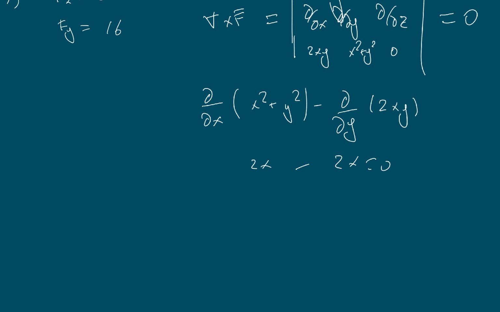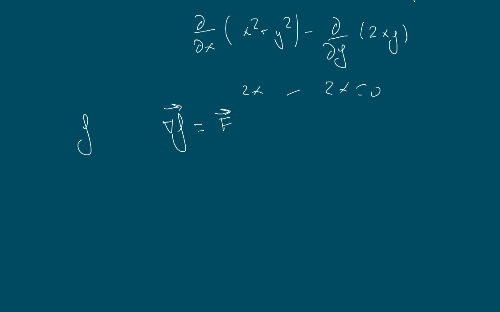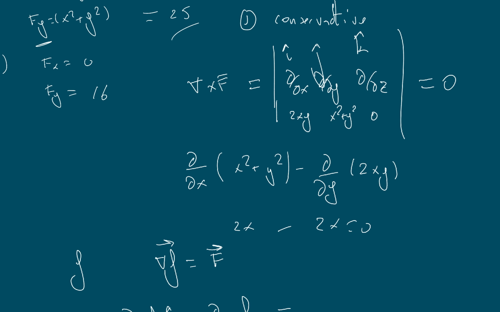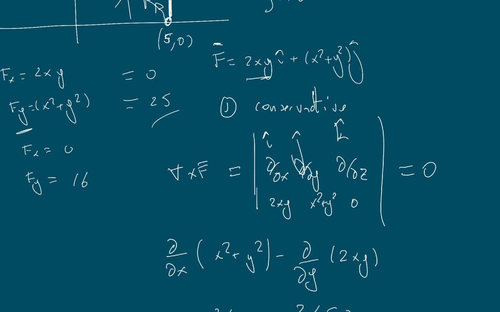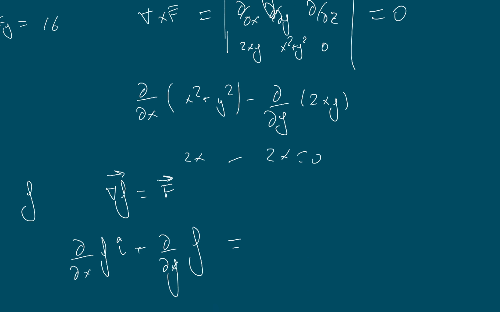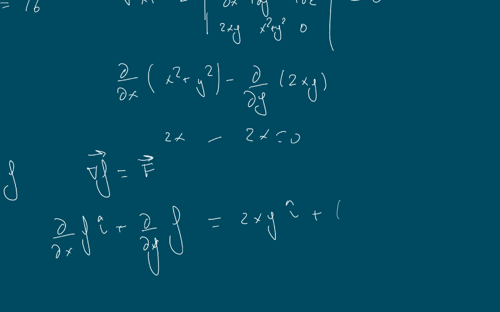Now we have to find the f whose gradient is the vector field. So the gradient is the derivative with respect to x of f, i, plus the derivative with respect to y of f, j, and this should be equal to the vector field, 2xy i plus x squared plus y squared j.